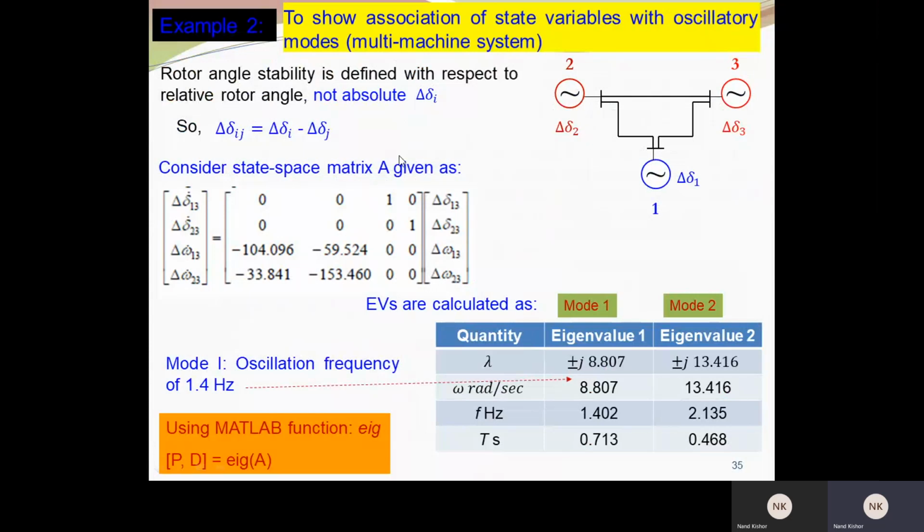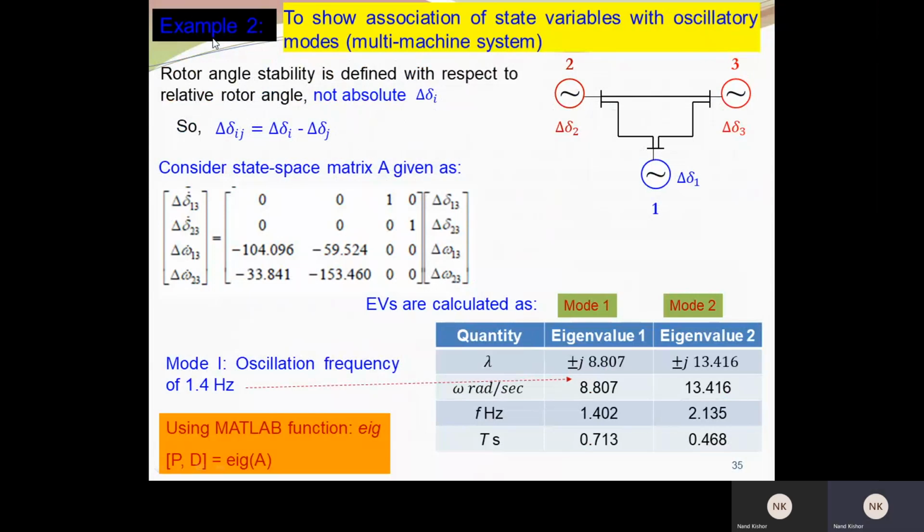That's why rotor angle stability is defined with respect to the relative rotor angle, not just the absolute delta i. So we say delta ij, which is the difference delta i minus delta j.